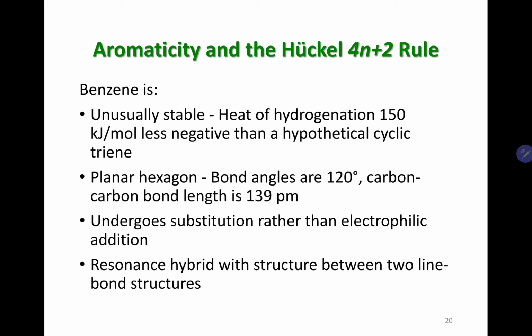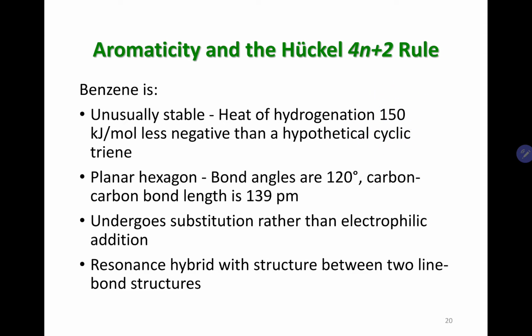Benzene is much less reactive than a hypothetical cyclic triene, because it doesn't undergo addition reactions easily, or the reactions that alkenes display. And when we look at the heat of hydrogenation, as compared to a hypothetical cyclic triene, it is 150 kilojoules per mole more stable.